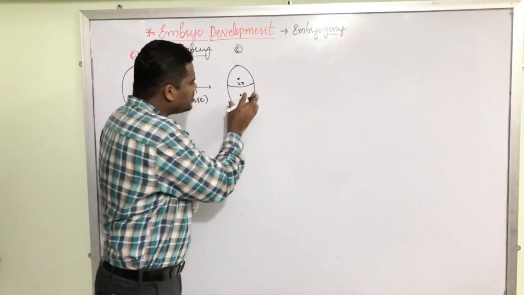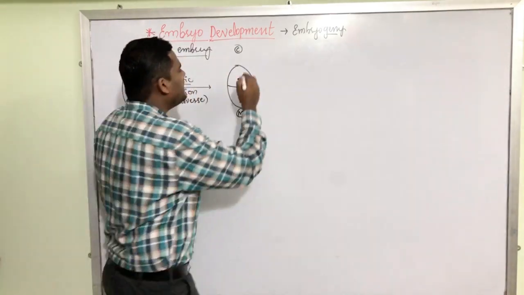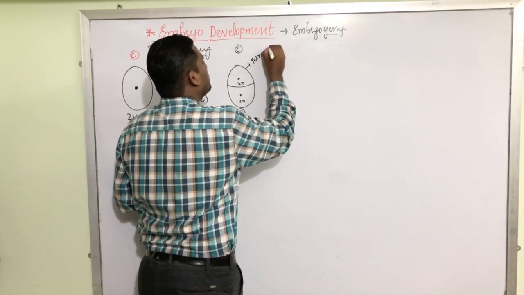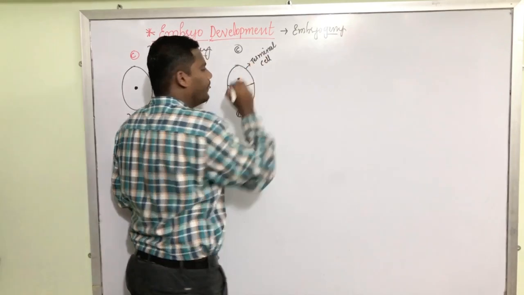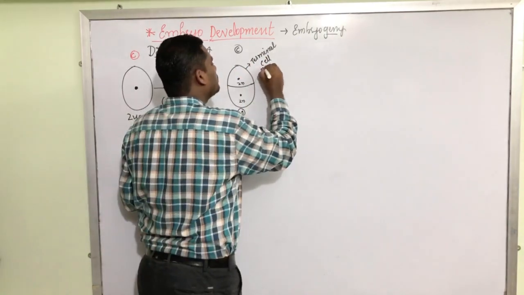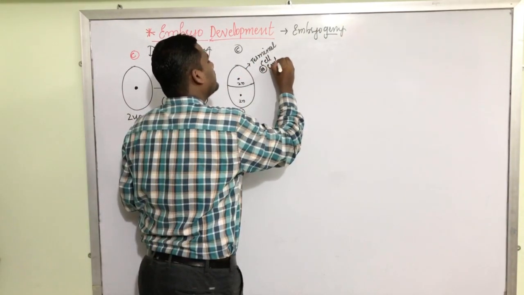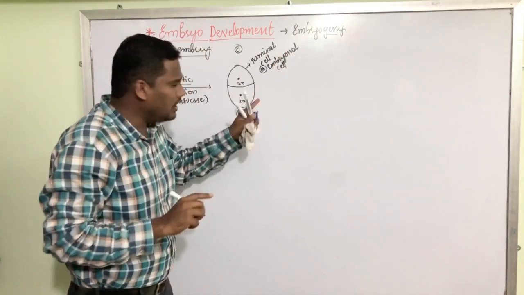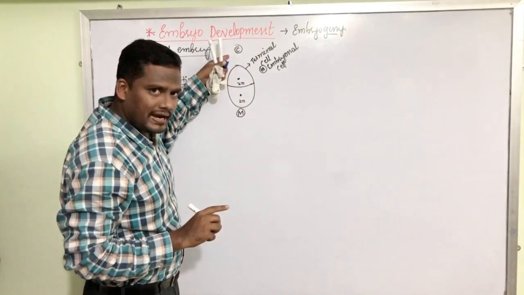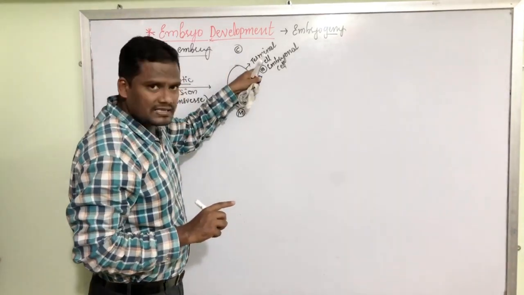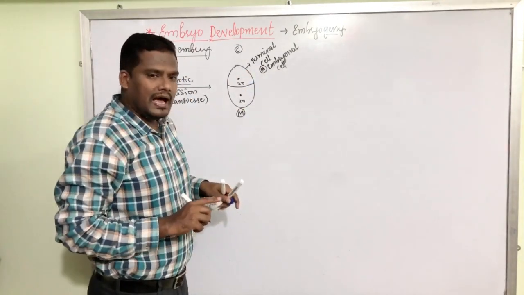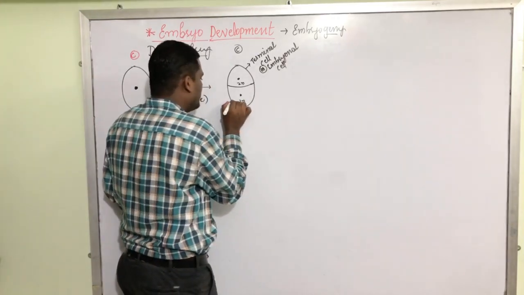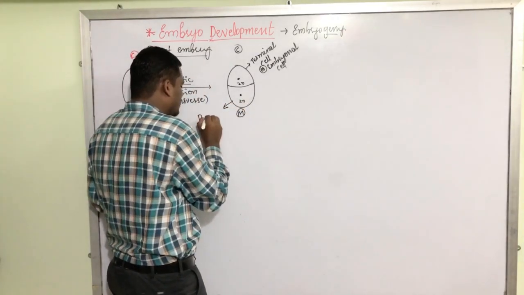The cell which is towards the chalazal end is called the terminal cell, or it is also called the embryonal cell. And the cell which is towards the micropylar end is called the basal cell.